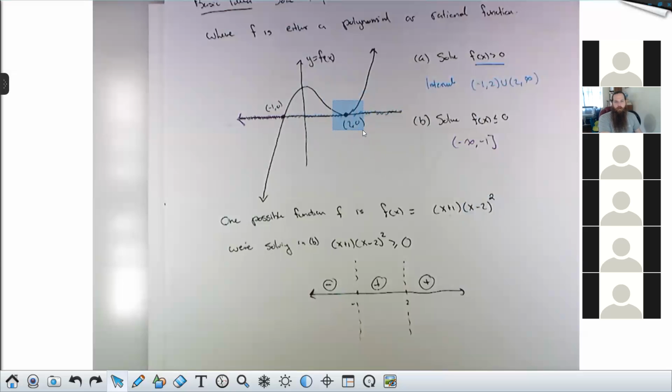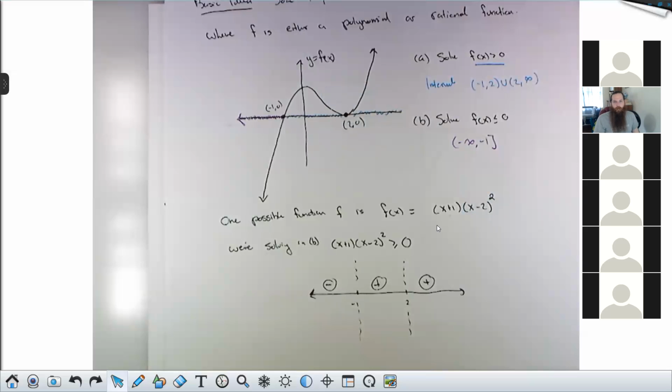Because this near here kind of looks like the parabola x squared just shifted over, I know that that's a multiplicity 2 factor. If you want to be really pure about it, I know that this is an even multiplicity factor. It might be 4, but the shape here is kind of parabolic rather than really flat like the x to the 4 shape. So it's a safe assumption that this is a multiplicity 2 factor. Does that make sense?